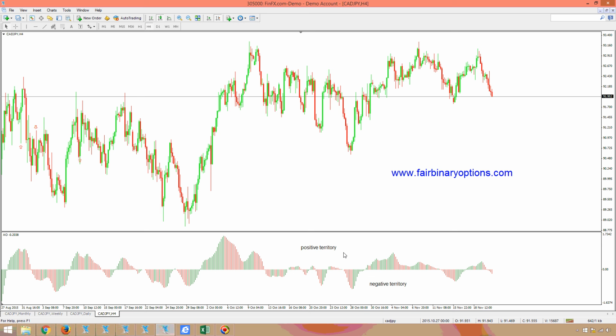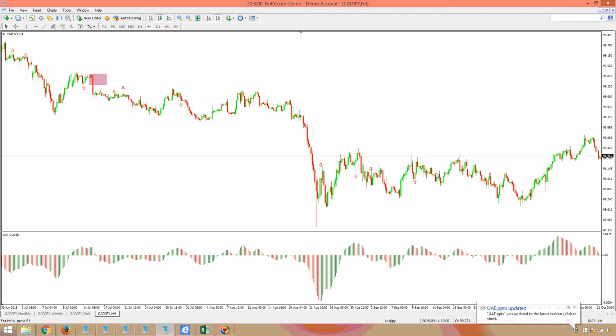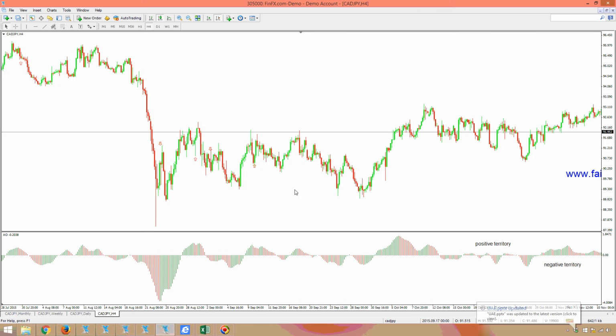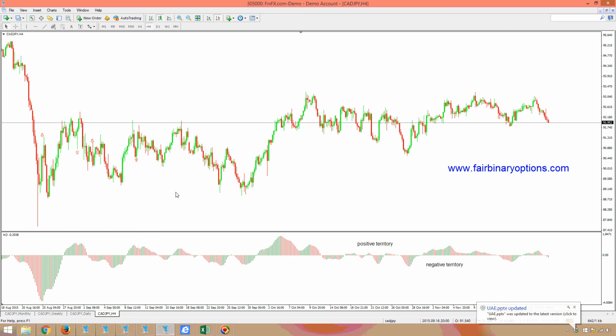What's the difference? Well, as you can see, the spikes into positive and negative territory are bigger and more powerful in this case. So it should be easier to identify overbought and oversold levels with this one.